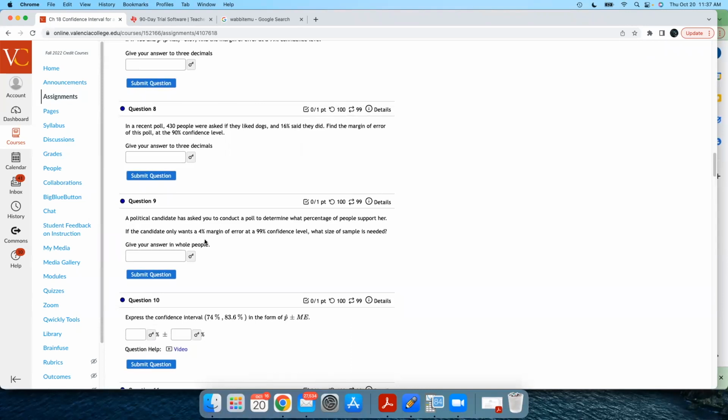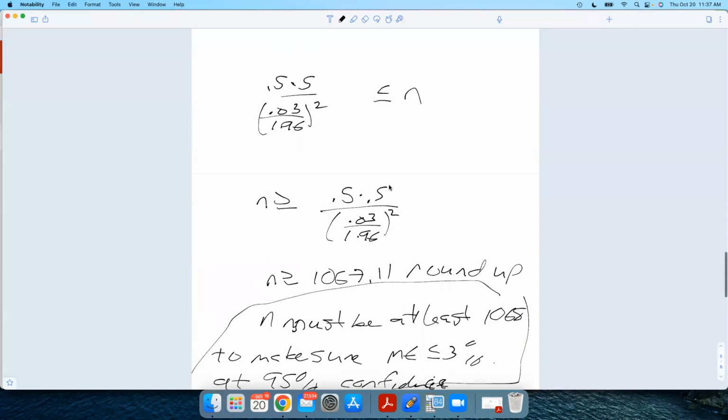Now, a couple of things are going to change here. That says 4%, and that says 99% confidence level. So you're going to have a formula that looks a lot like this, but you're not going to have 3% there, and you're not going to use 1.96 there. You're going to need the Z star for 99%. Okay, hopefully you can figure it out from that. And that's a good place to stop.